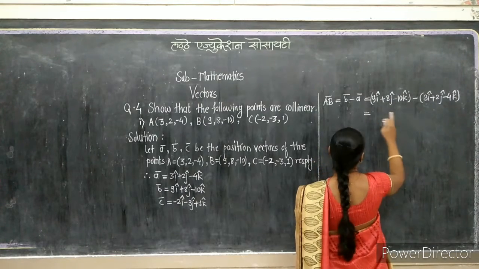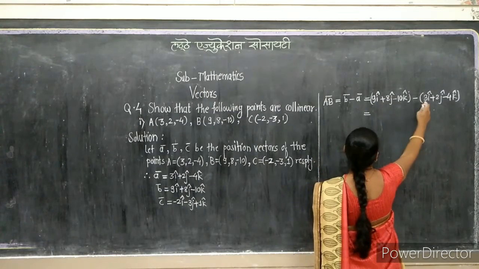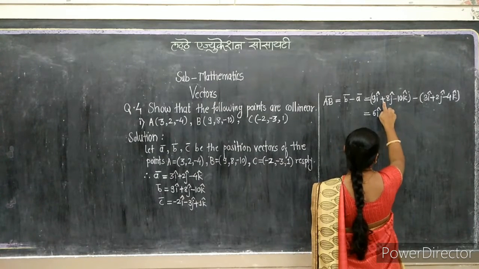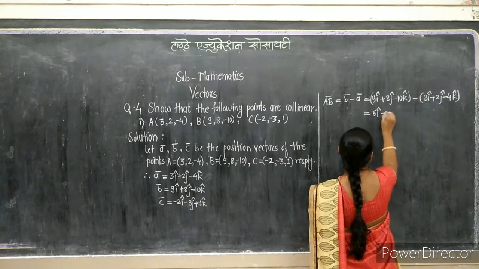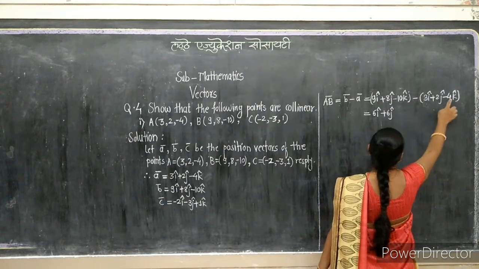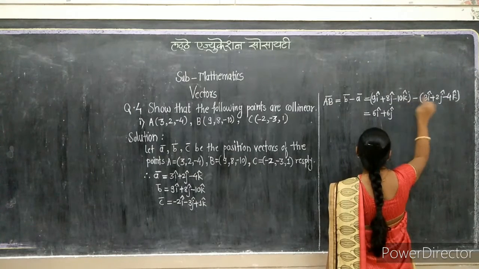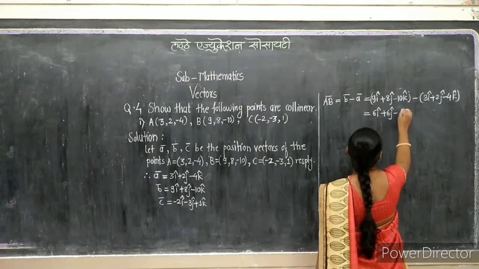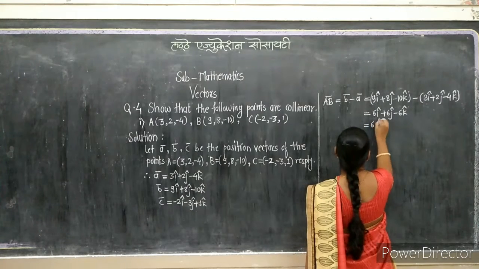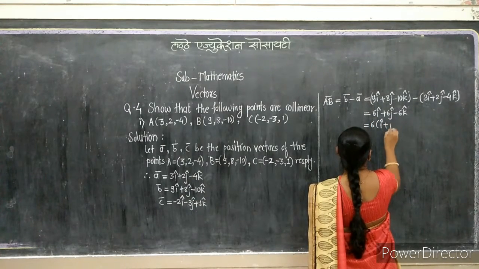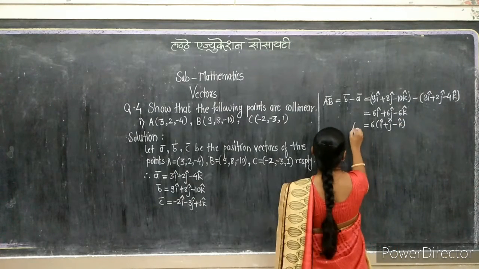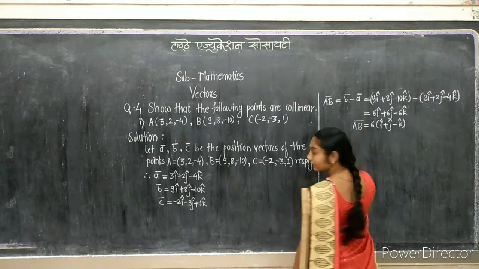Subtracting these two vectors, 9 minus 3 is 6i cap, plus 8 minus 2 is 6j cap, minus 10 plus 4 is minus 6k cap. Taking 6 common, we get i cap plus j cap minus k cap. This is the vector AB bar.